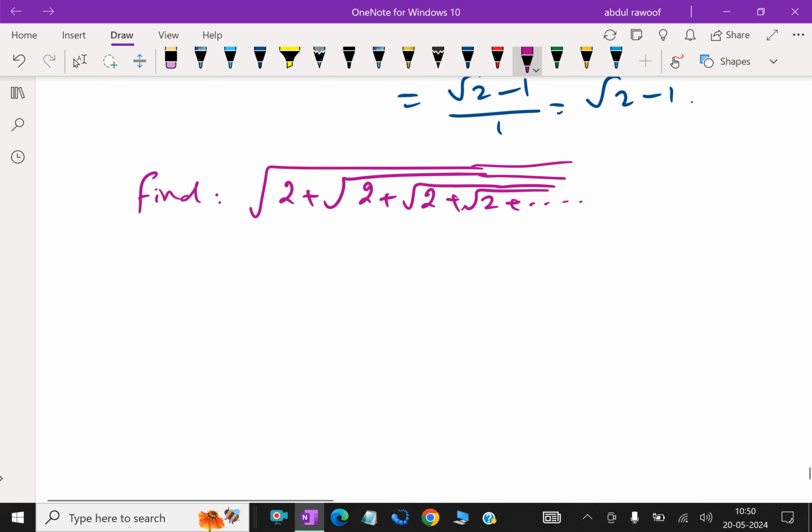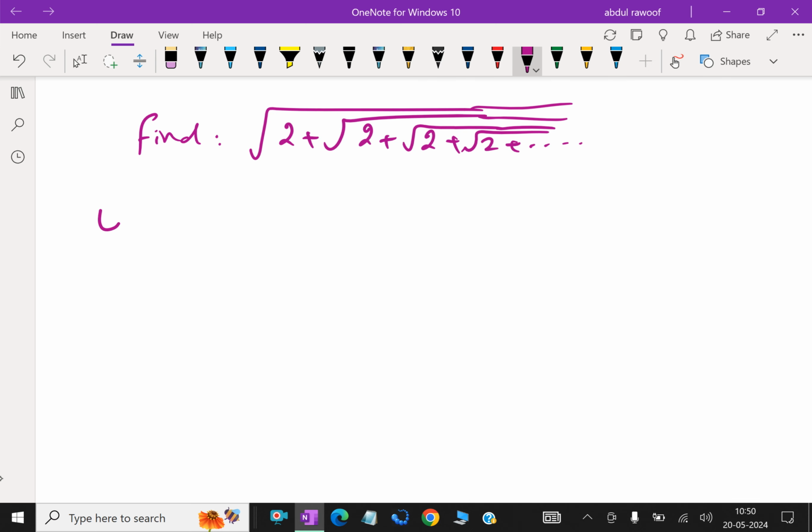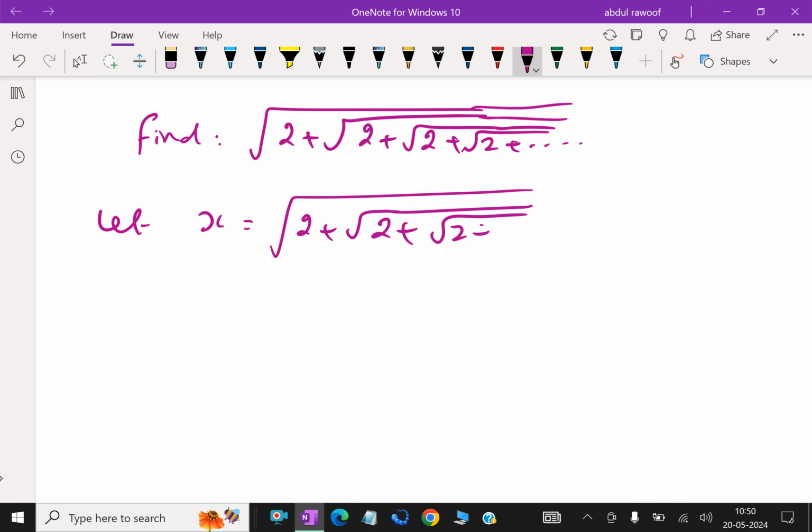How to solve this? Let x equal to the given expression, root of 2 plus root of 2 plus root of 2 plus, and like this it goes on.